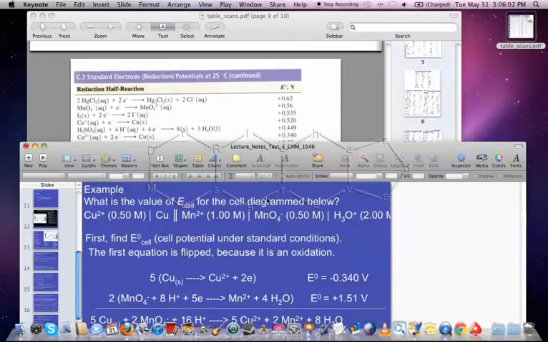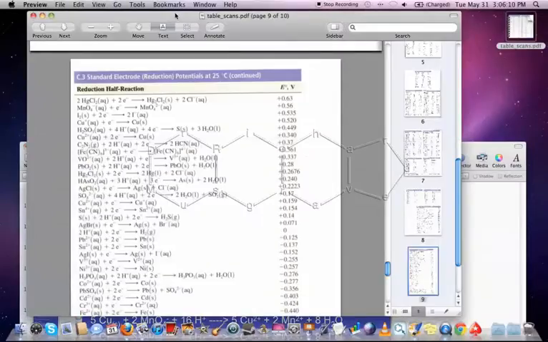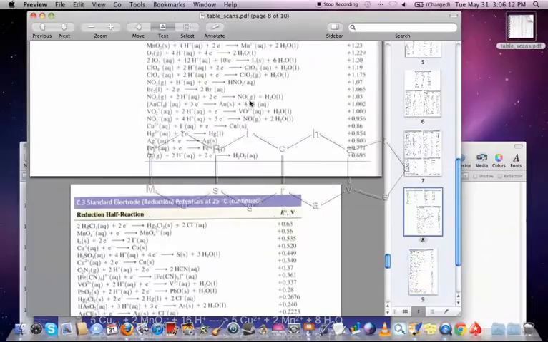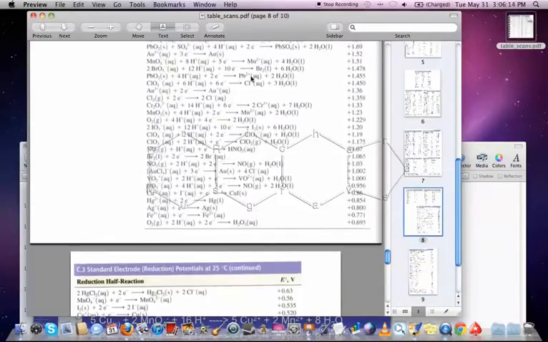Alright, so we do that. Now we're going to hunt down a reaction that involves Mn2+, MnO4- and H3O+. Okay, so where is that one? Alright, there it is. We've got MnO4- here. We've got H3O+, which is really H+ in this case. Then we've got Mn2+.